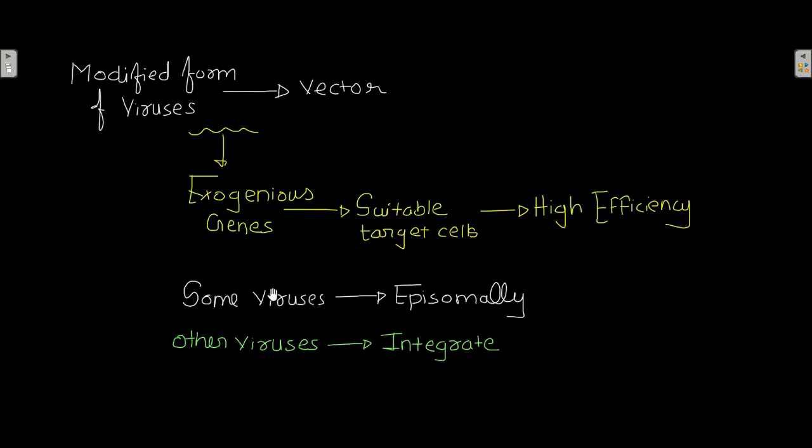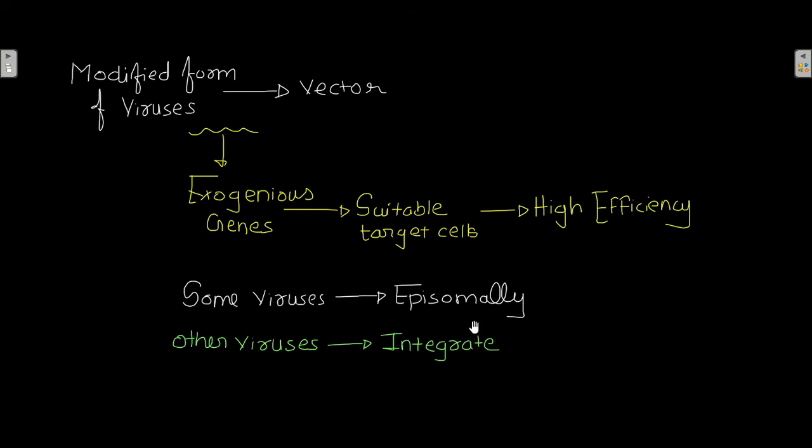Now within the cell, some of the viruses replicate episomally and other viruses integrate into the genome of the host organism. Episomally means it will exist as extrachromosomal DNA or RNA, and it will not depend upon the chromosome to replicate.